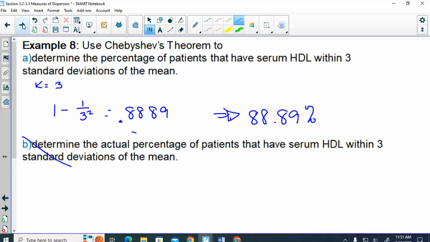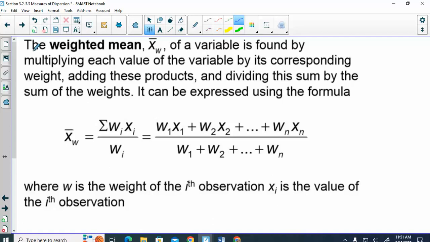Let's just skip that. All right, last thing that we're going to talk about is a weighted mean. You think of that like with your GPAs. A's are worth 4 points, B's are worth 3 points, C's are worth 2 points. So it's when you have an average, but different values have different weights.